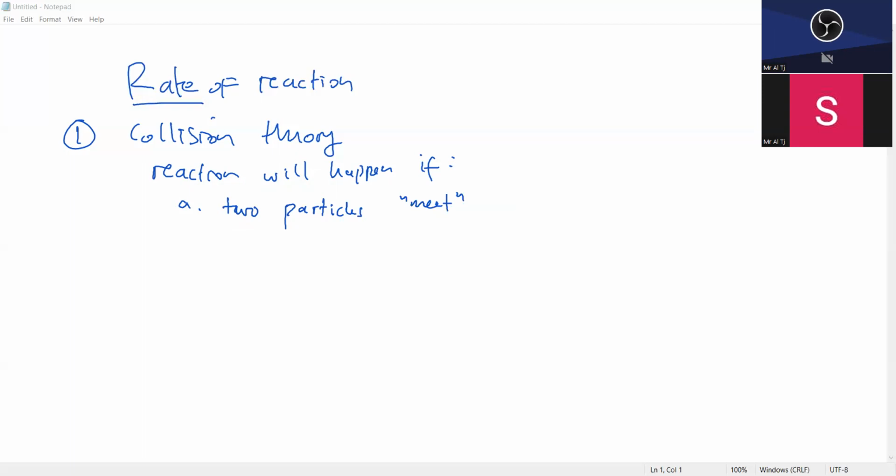The meeting is never just simply touching each other, but rather a fast reaction. We usually call them, they're going to collide. That's why we call it collision. So two particles must collide with each other first.